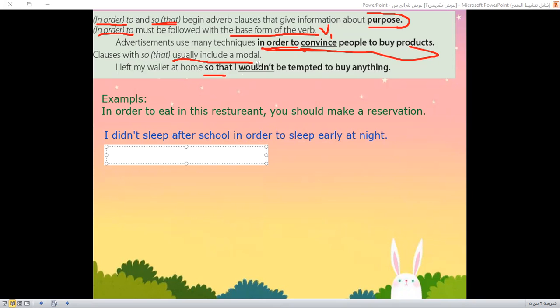Let's give an example with so that and then we're done. So hard to think of an example. Yeah, I know. Just think of something and there is a purpose of this thing.